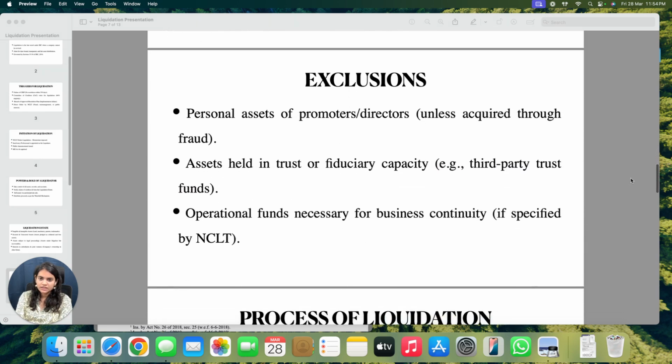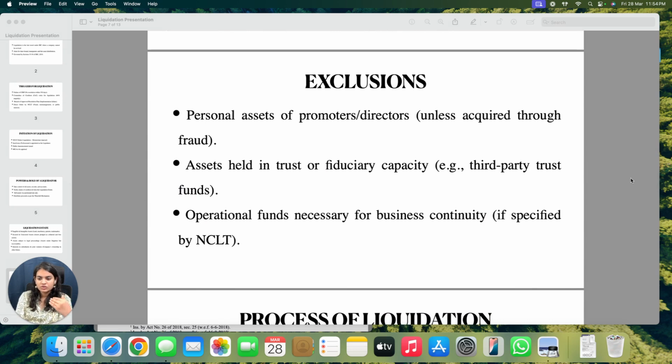Now let us understand what are the exclusions in the liquidation process, in the liquidation estate. So ultimately, any asset that is not held in the name of the corporate debtor will not be made part of the liquidation estate. For instance, personal assets of the promoters or directors, unless acquired through fraud.